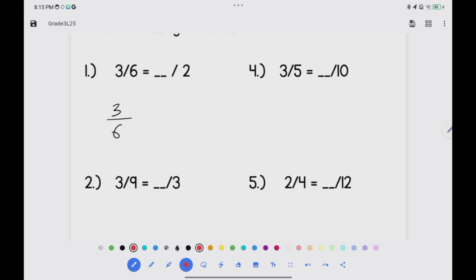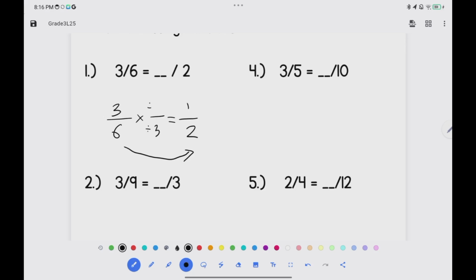So what we're trying to ask is, what 6 is divided by to get to 2. In this case, you have to divide 6 by 3 to get to 2.